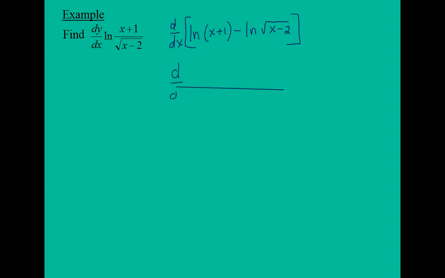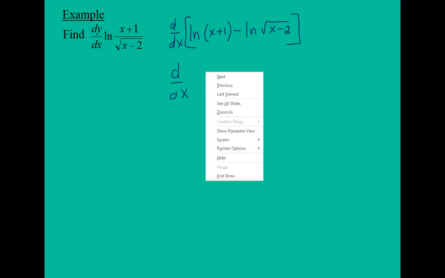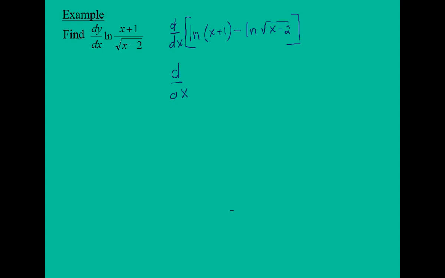So we would have the natural log of (x plus 1) minus ln of (x minus 2) to the 1/2 power. Now we could bring that 1/2 down in front using properties of logarithms. So we would have this.